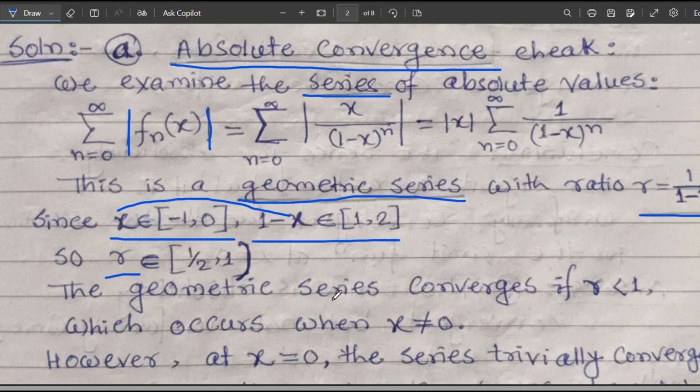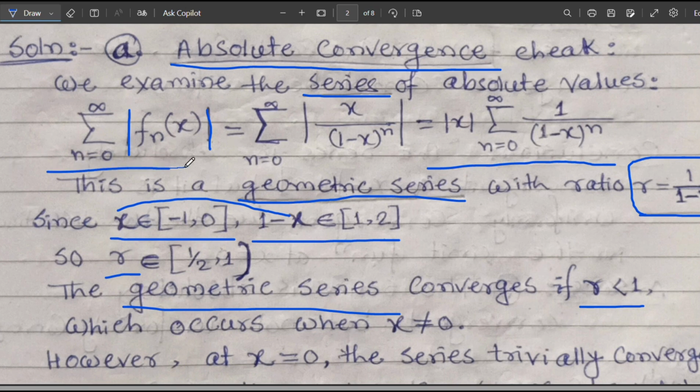The geometric series converges if r is less than 1.